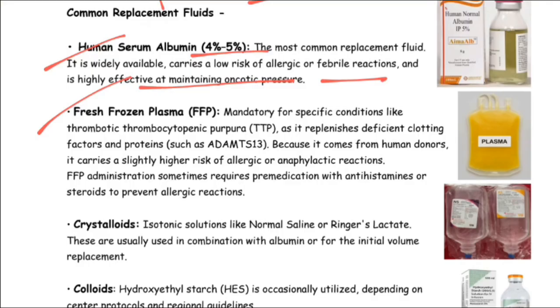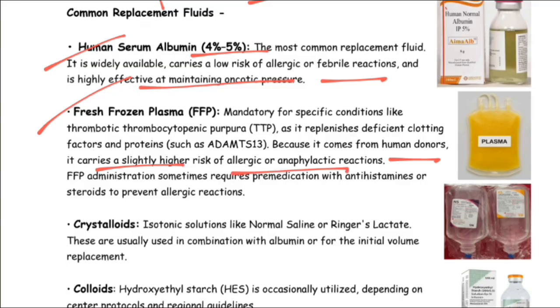Second one is fresh frozen plasma, used in specific conditions like thrombotic thrombocytopenic purpura, as it replenishes deficient clotting factors and proteins. Because it comes from a human donor, it carries slightly higher risks of allergic and anaphylactic reactions.